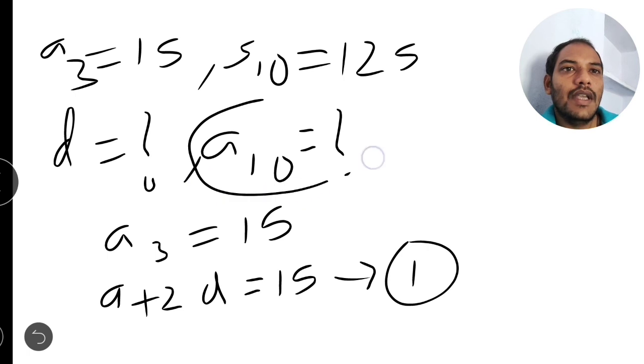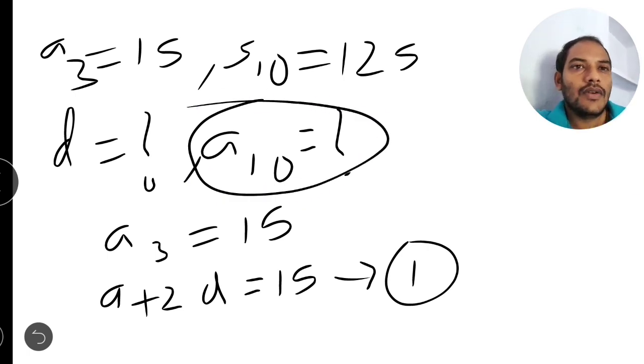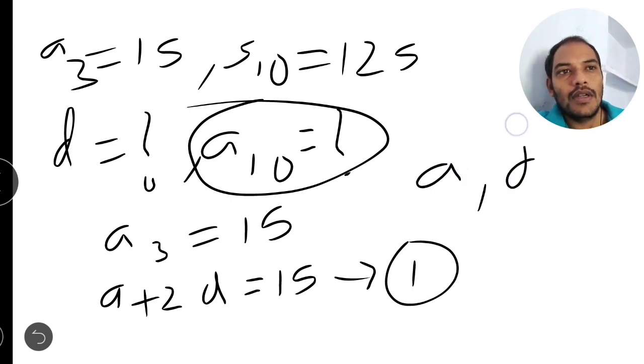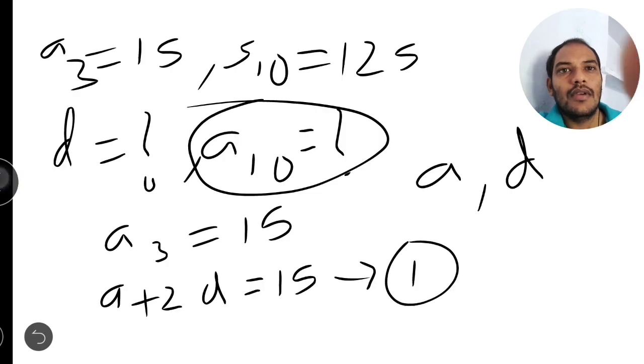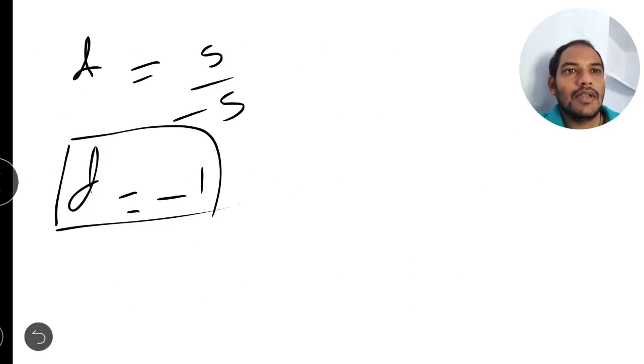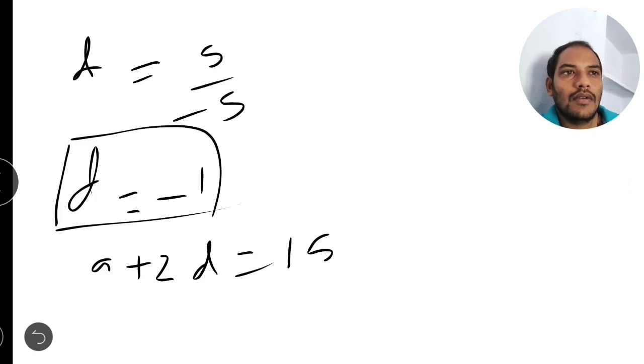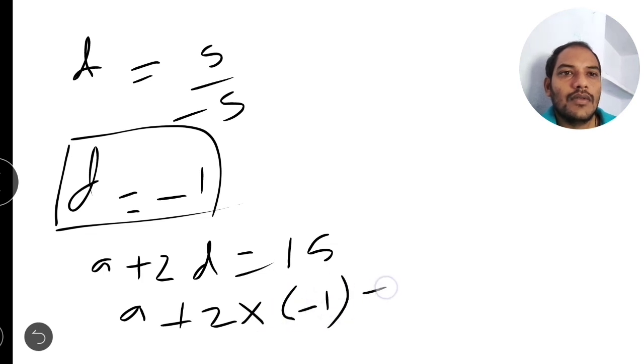Now he is asking A10. What is the A10 value? But to find out the A10 value, what values are required? A value and D value. But we got only the D value. A value we did not get. So that is why I substitute the D value in equation 1. So A plus 2 into minus 1 equals 15.